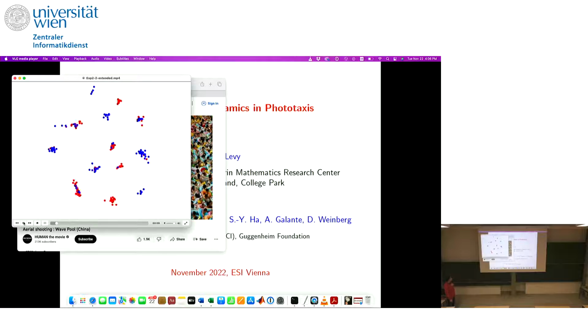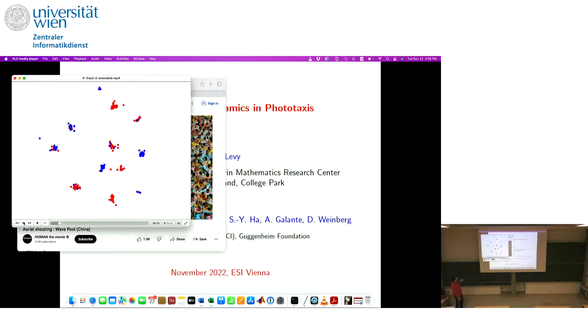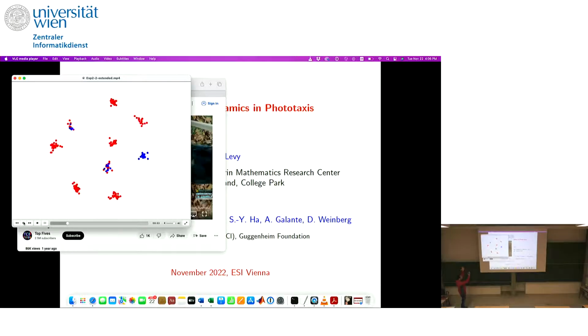Ignore the colors for a second. Just think about what you're seeing, and imagine that you see the result of an experiment that looks like that. This is a simulation. And then you're trying to come up with a mathematical model that describes something that looks like that.